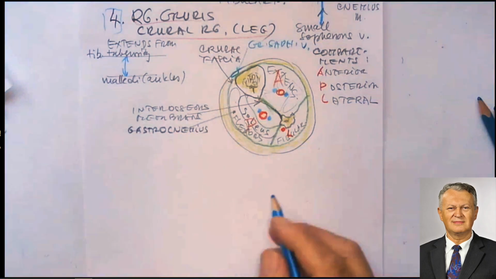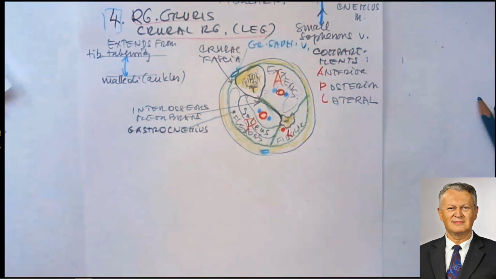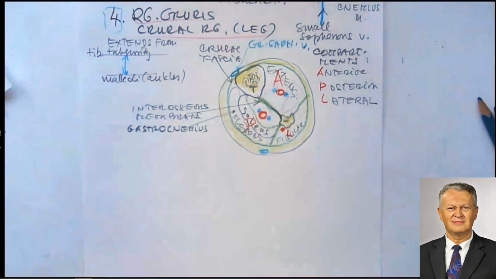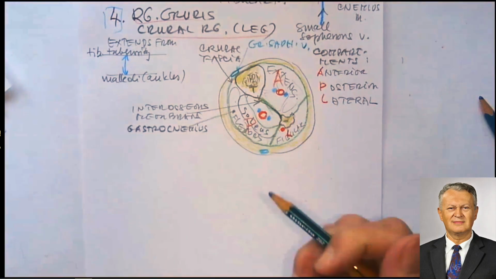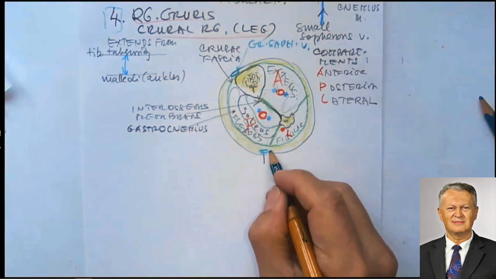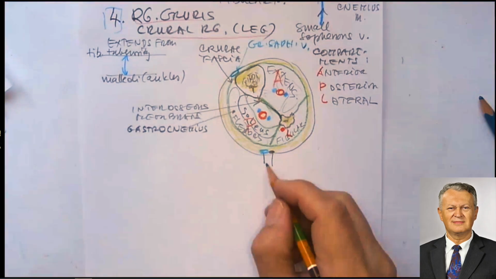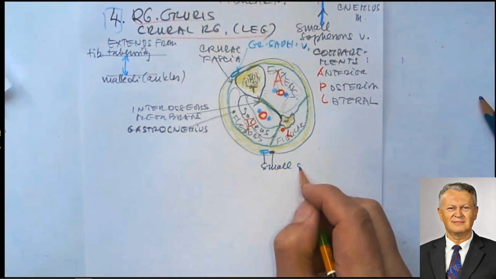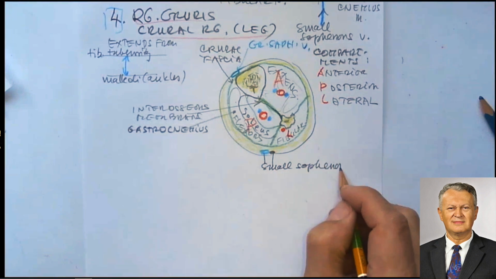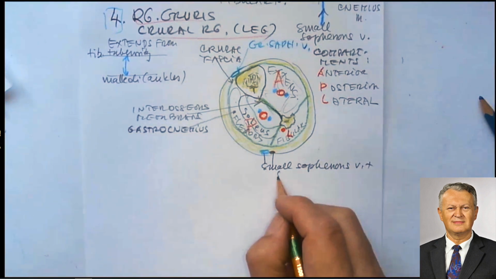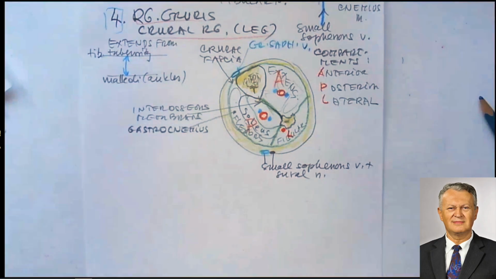Dorsally, posteriorly, small saphenous vein. This is the great saphenous vein, which ascends with the sural nerve. So here you see the small saphenous vein plus sural nerve.